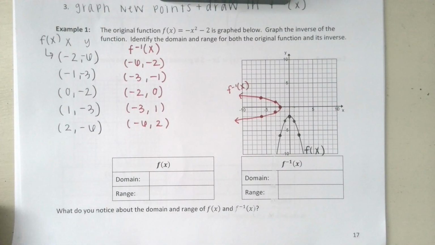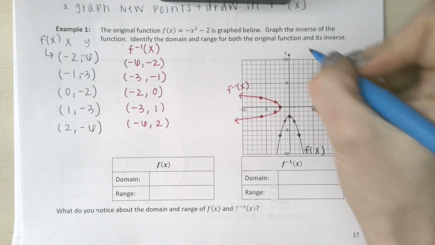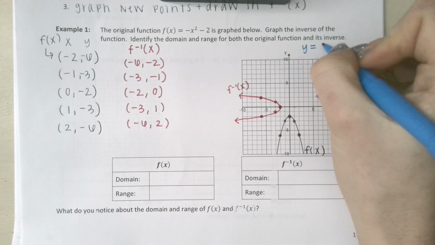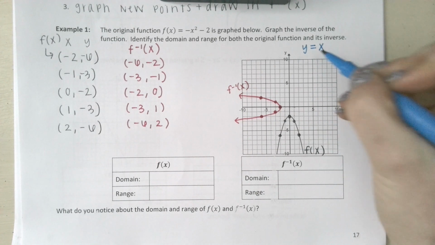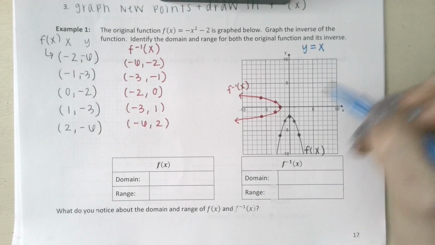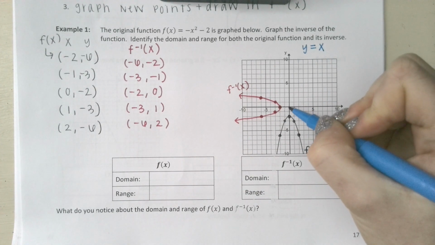Another visual way to check that you graphed the inverse correctly is to think about the line y equals x. So I'm going to graph this line y equals x in blue here. The line y equals x is just a straight line. It starts at 0, 0.